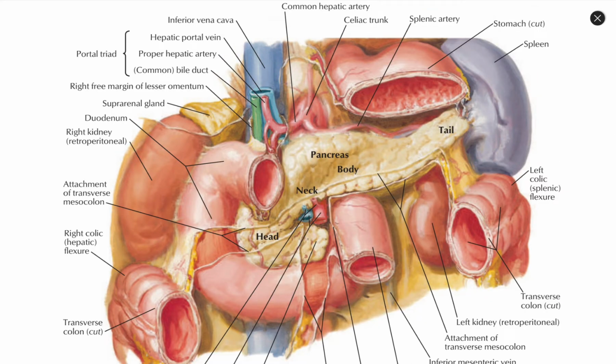On the posterior surface, you have the inferior vena cava, which will be going like this, and you have the bile duct and the right crus of the diaphragm, and also the terminal part of the renal vein, because this is the kidney, and from the kidney the vein arises and joins with the inferior vena cava. So the terminal part of the renal vein will be related to the posterior surface.